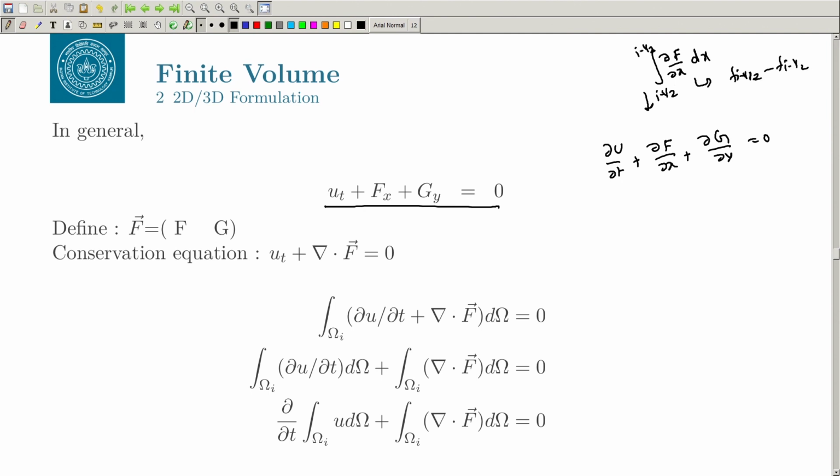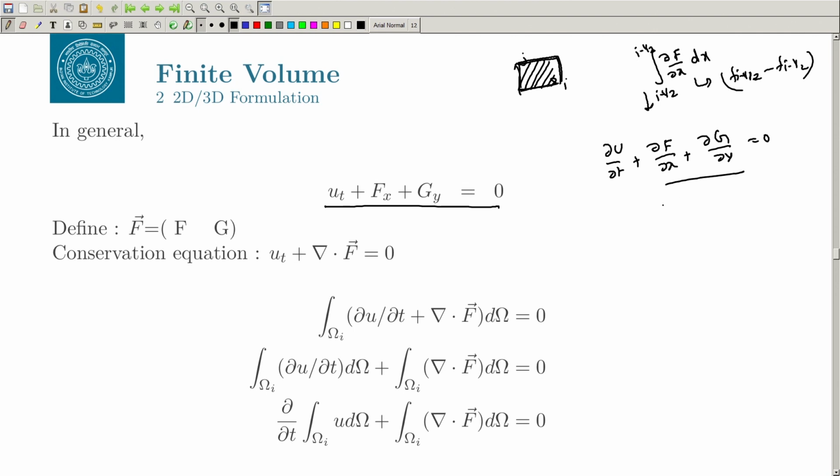But if it is 2D, you have two directions, for example, this is i and this is j. So, we need to introduce the concept of volume. Instead of distance in each direction i and j, we will rather put a cell volume here. So, you have the cell which defines the 2D element in this particular case.